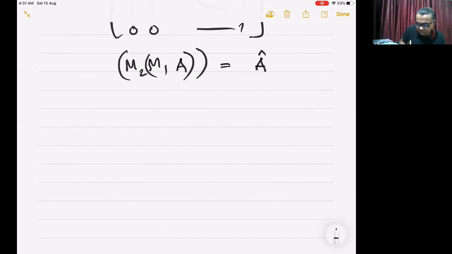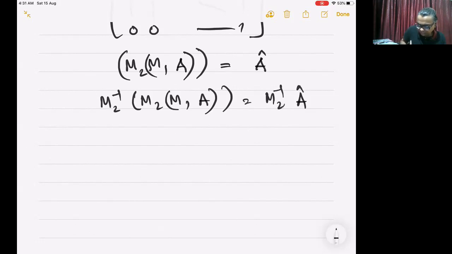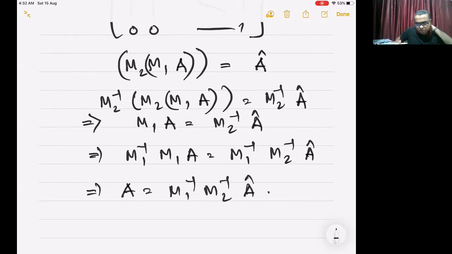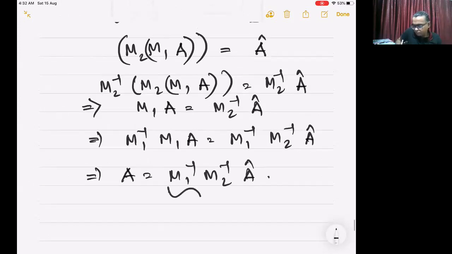Why? Because I could just do M2 inverse M2 M1A. That would give me M2 inverse A hat. But then M2 inverse M2 will cancel out. This will be M1A. M1A is just M2 inverse A hat. Now if I do M1 inverse, I will have A equal to M1 inverse M2 inverse A hat, which means that from A hat also you can obtain A. So equivalent, right?